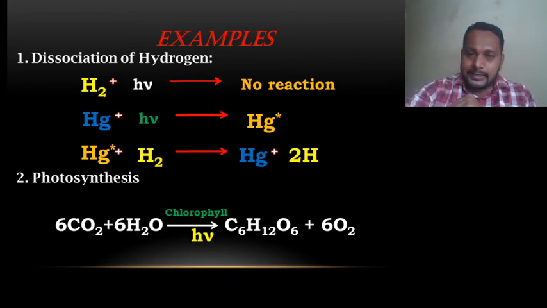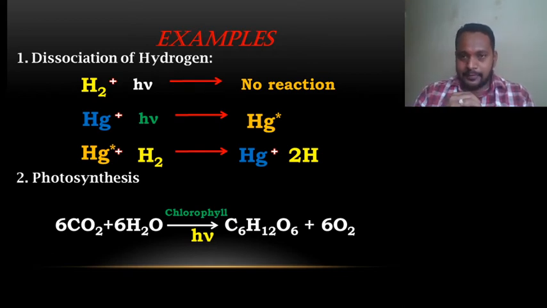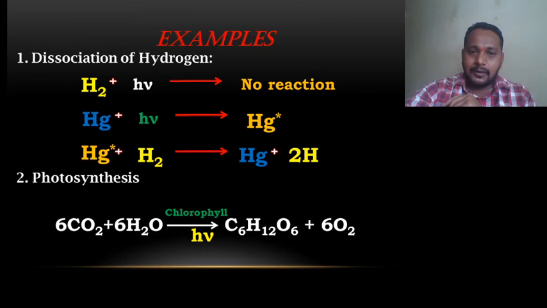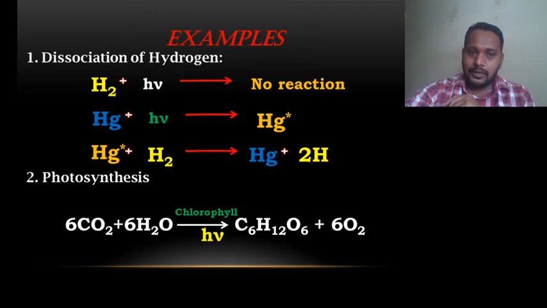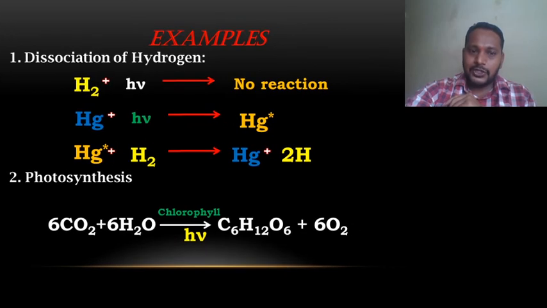And see, this excited mercury reacts with the hydrogen molecule, meaning it transfers the absorbed energy to the hydrogen molecule, and then dissociation of hydrogen takes place, and we get back the mercury atom or mercury vapor as it is. This mercury does not undergo any photochemical change, but it acts as a sensitizer.